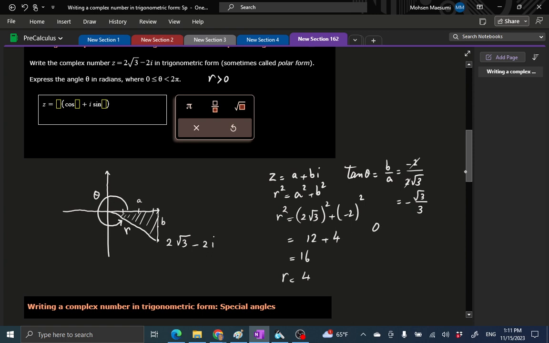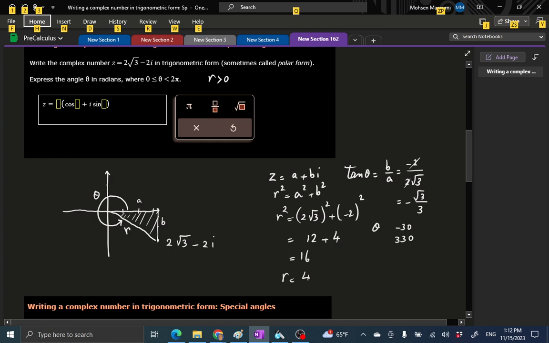So theta, we can first start with minus 30, but we want it in positive, so it's 330. We want it in radians as well. So what radians is that? In radians, it's going to be 2 pi minus pi over 6, which is 11 pi over 6.